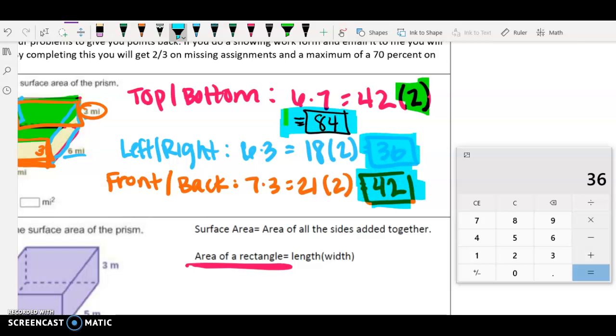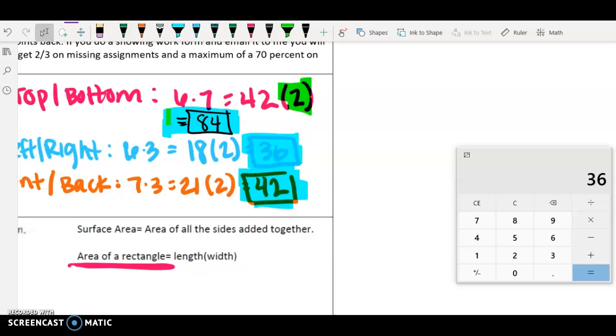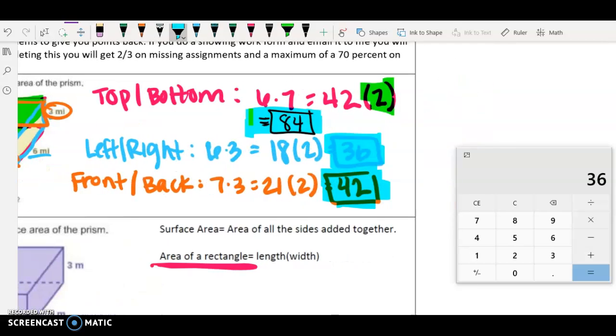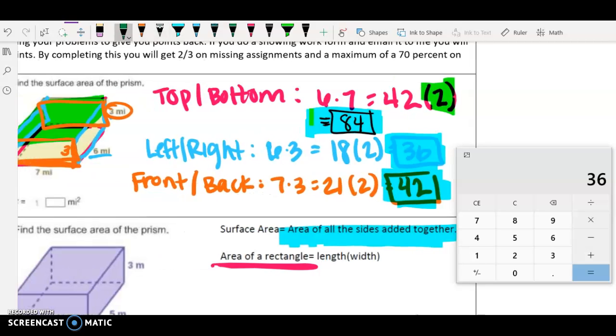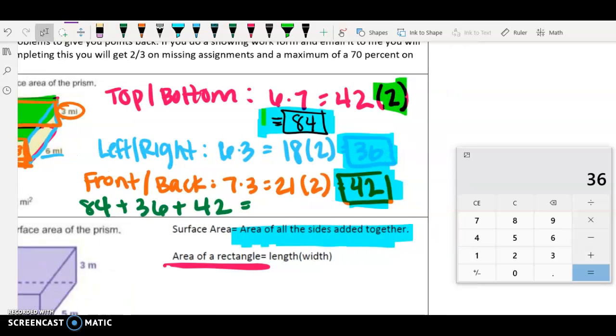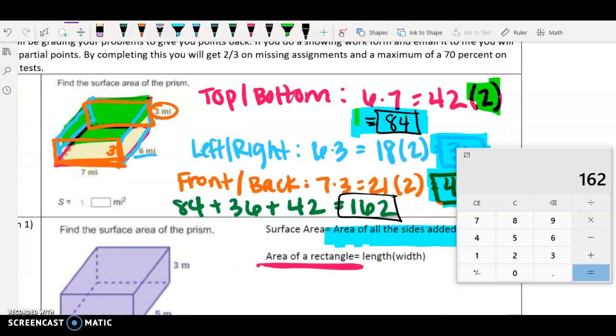I'm going to add those three numbers together to find my surface area, because surface area is all the sides added together. So we do 84 plus 36 plus 42, and we get 162. So that is my answer. So my answer is 162 for my surface area.